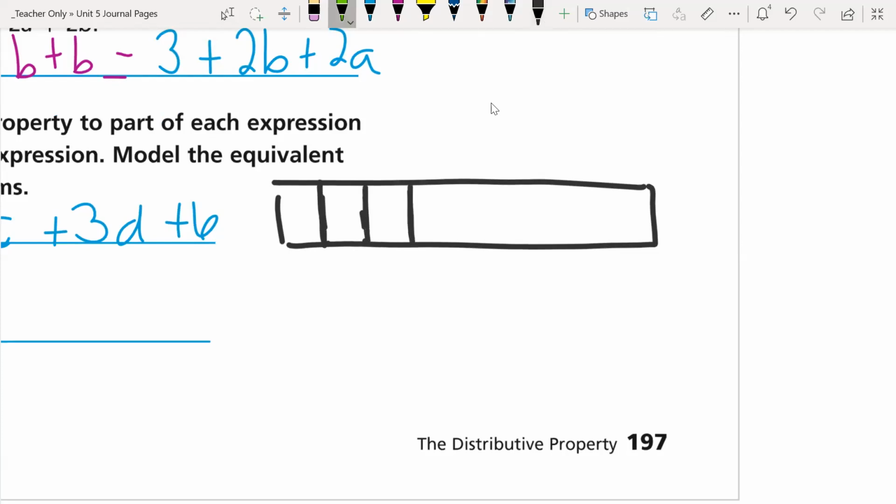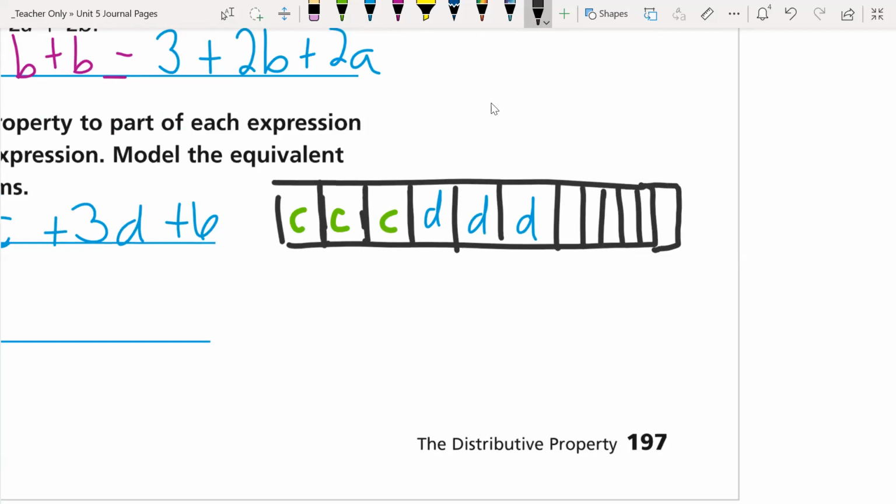Okay, so I have 3 C's, 1, 2, 3. I have 3 D's, 1, 2, 3. And then I have 6 known values. 2, 3, 4, 5. I'm going to add one over here. So these are known values, and we're just going to represent them with dots. Okay.